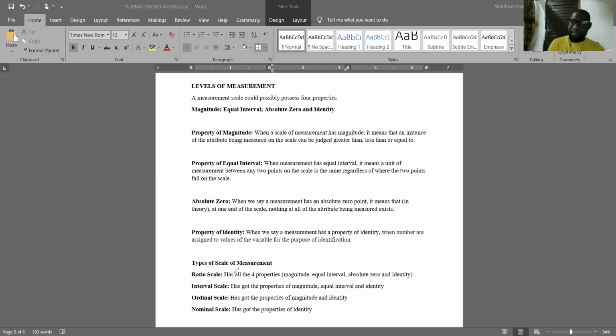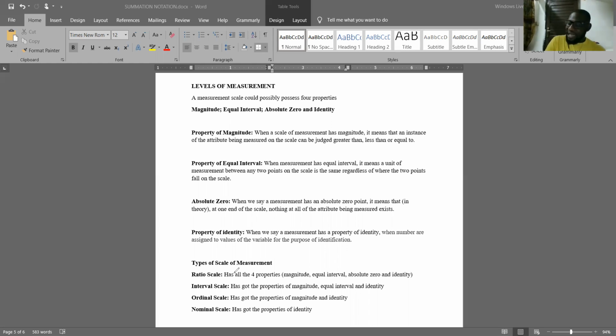Because they do have magnitude, equal interval, absolute zero, and identity. So all the physical science properties, with the exception of temperature, have ratio scale.